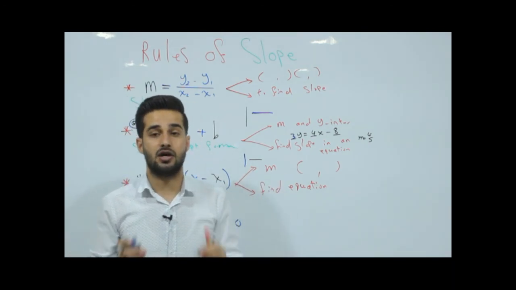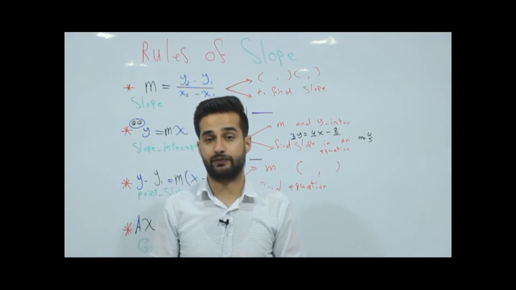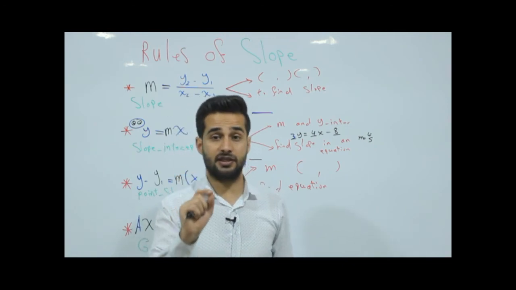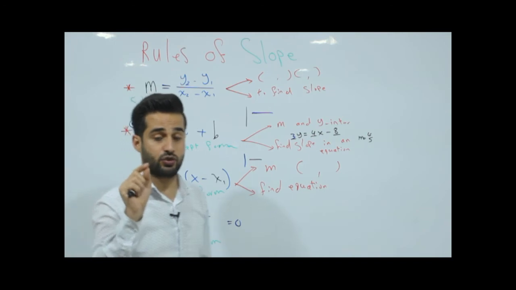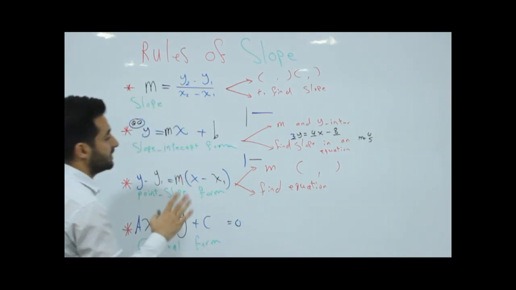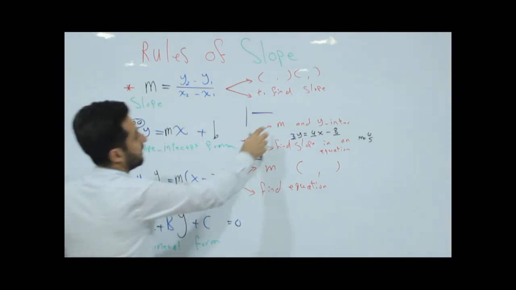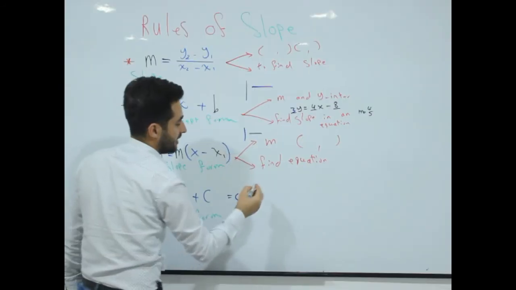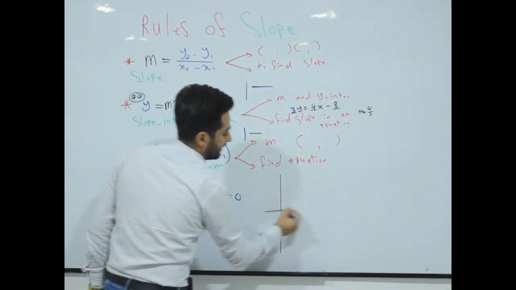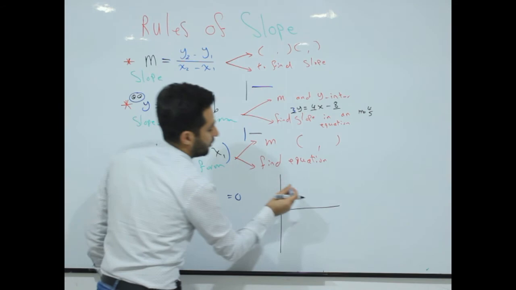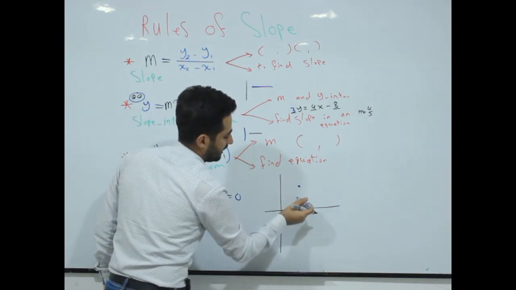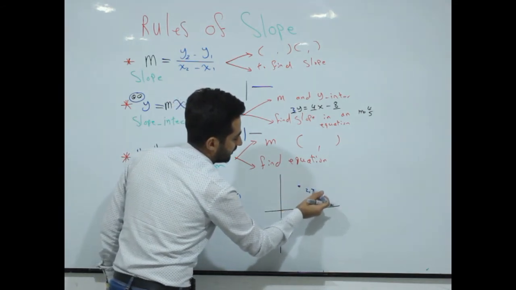Okay guys, hope you understand this very well. Let me explain this. How can I find the equation of a line passing through, let's say, this point (2, 3)?